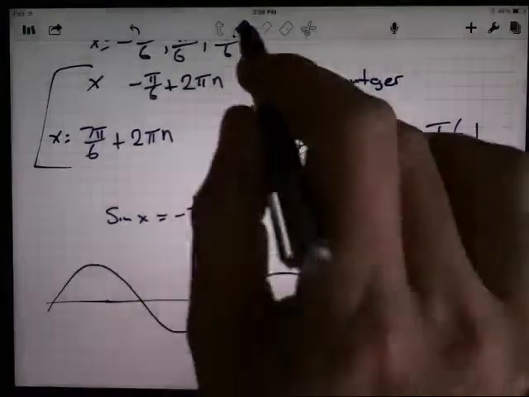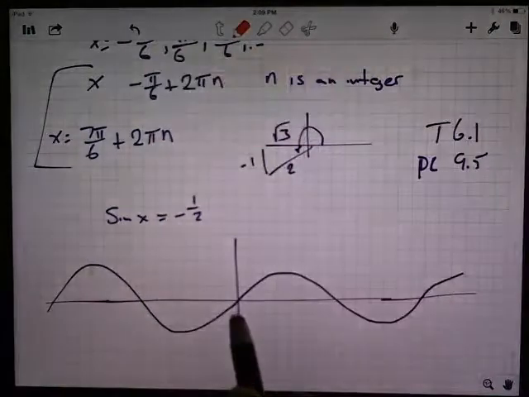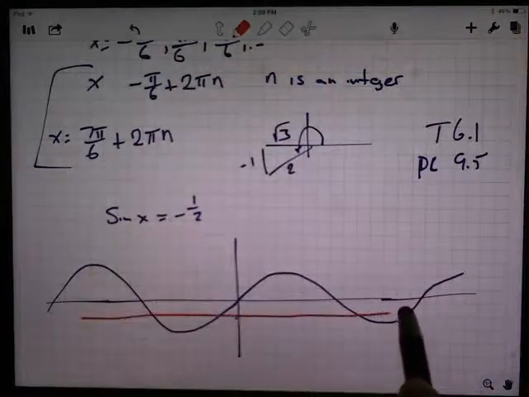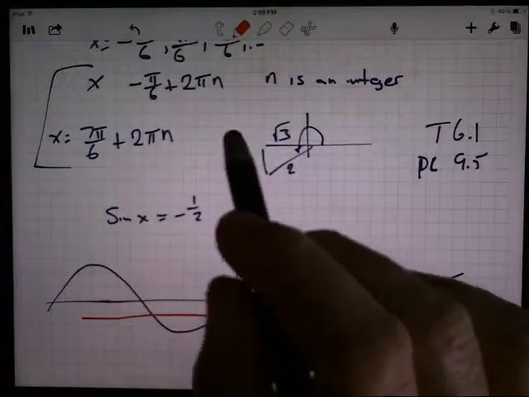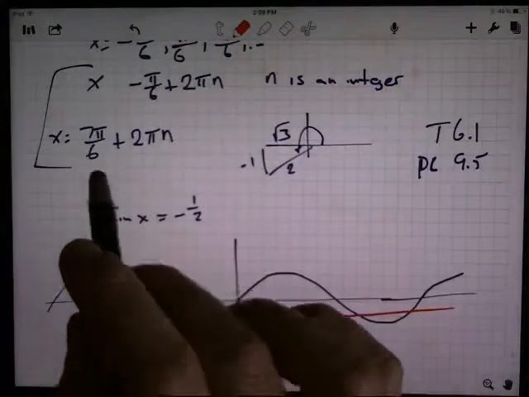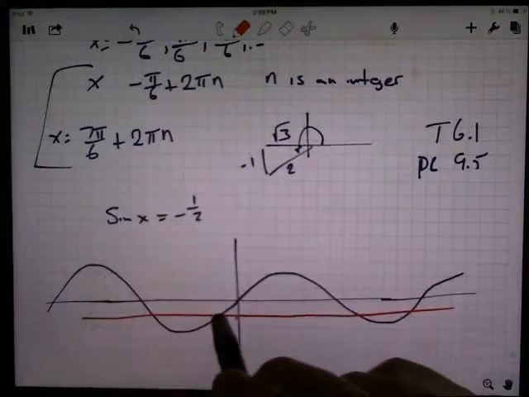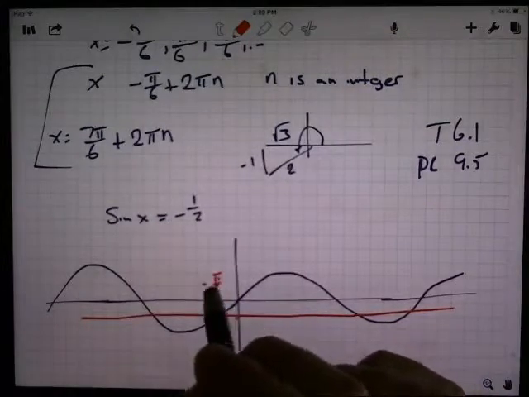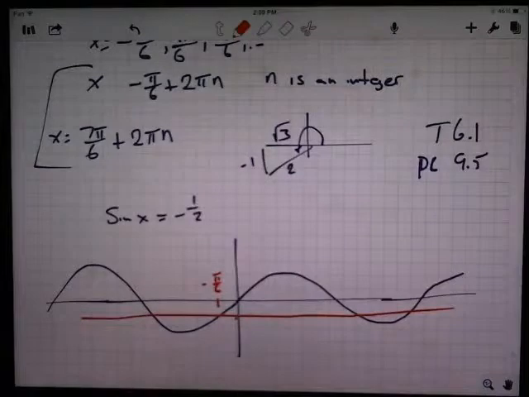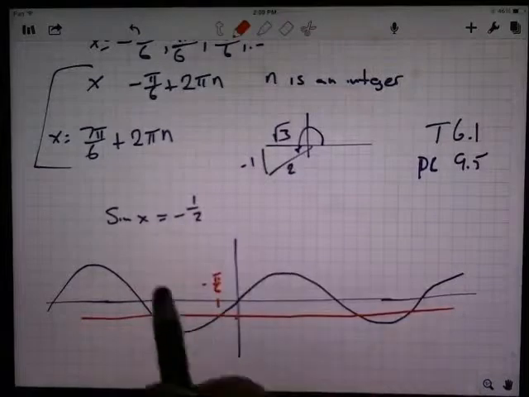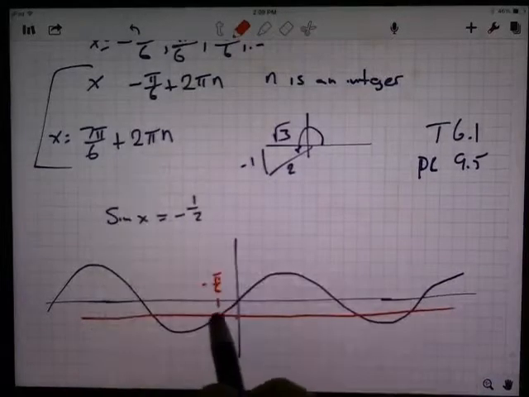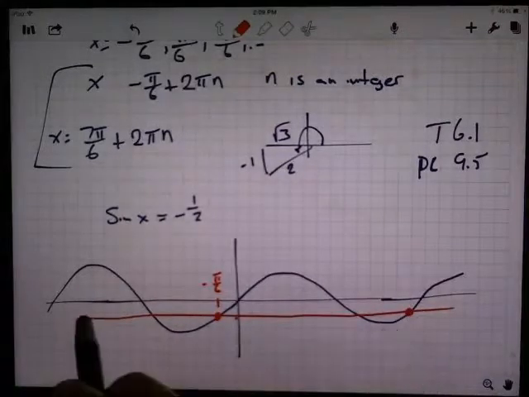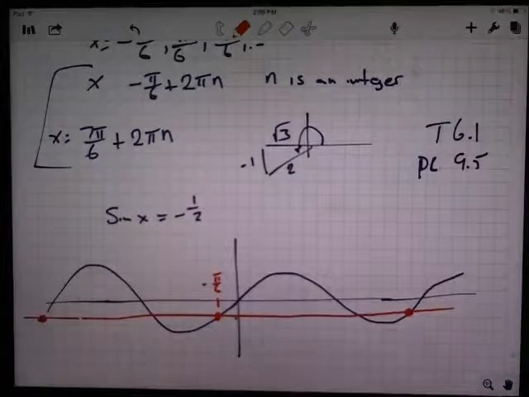And to say -1/2, down here, here's the line y equals -1/2. The solution of -pi/6 is right here. Where this crosses right there, that x value is -pi/6. Now, if I had just said -pi/6 plus 2 pi, I'd be talking about this one and then that one. And minus pi would have been this one back here.